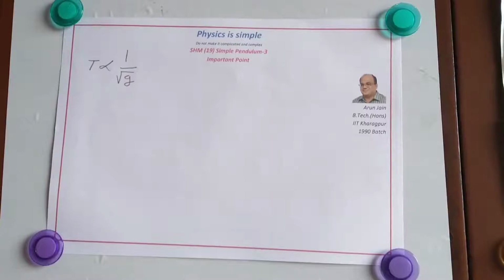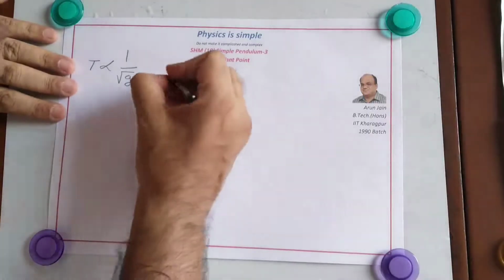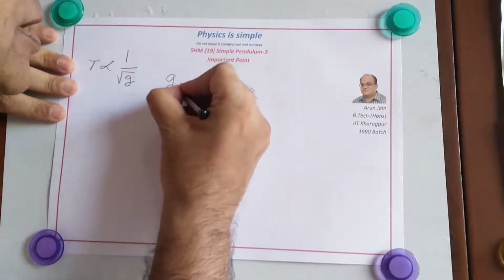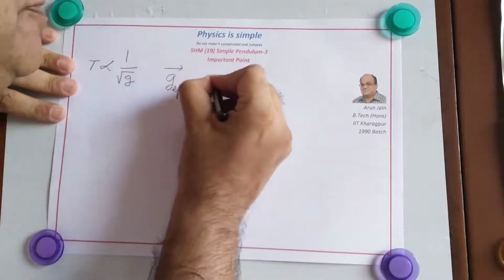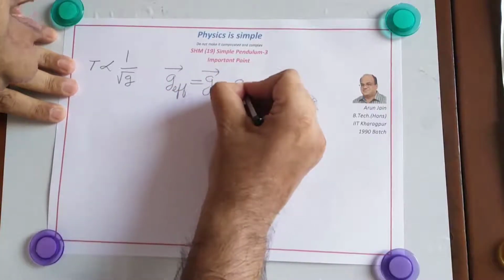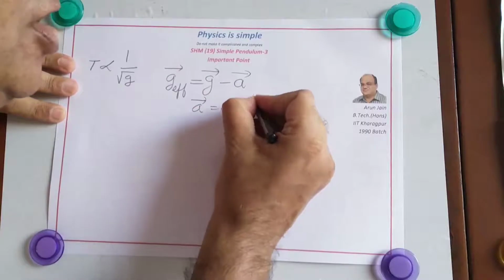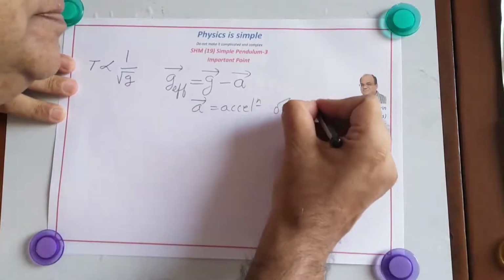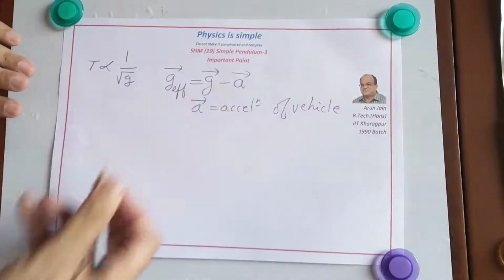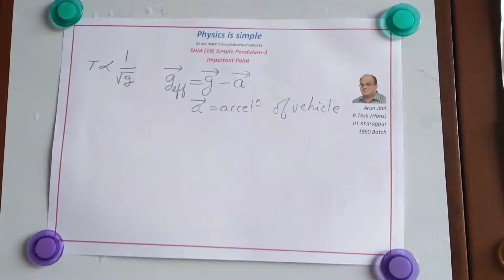Now, if this pendulum is in a vehicle having an acceleration a vector, then g effective will become g vector minus a vector, where a vector is acceleration of vehicle. Okay, because the pseudo force will be acting in the opposite direction.